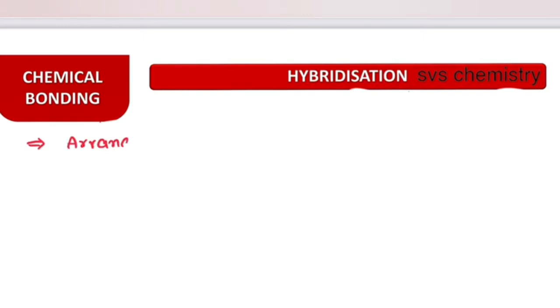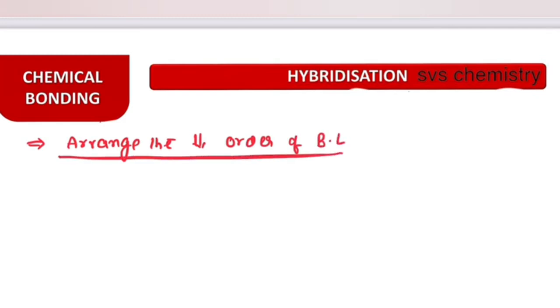Let's see how questions will be asked in the examination. Question: arrange the following in decreasing order of bond length: carbonate CO3 2-, carbon dioxide, carbon monoxide. First let us calculate bond order. Carbonate is 4 by 3, which is 1.33. Carbon dioxide is 4 by 2, which is 2.